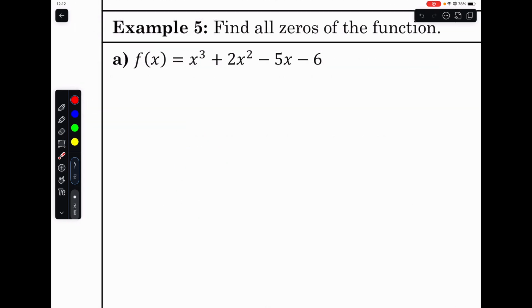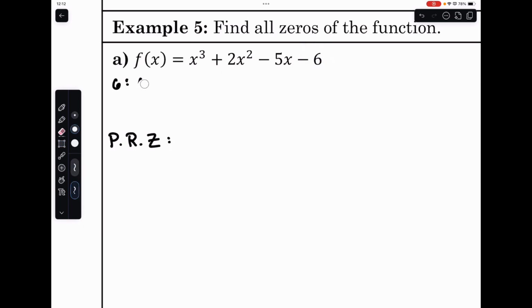Okay, so let's finally put the rational zero theorem to the test. Here, I want to start by creating a list of possible rational zeros, which begins by getting the factors of this last number here, which is 6.